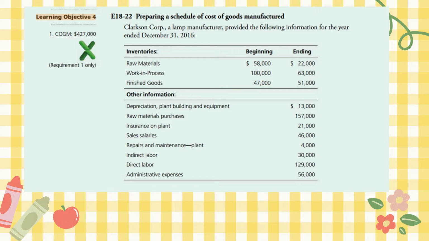So he gave you 3 types of inventories, which are raw materials, work in process, and finished goods. He gave you the beginning balances and the ending balances for each one.